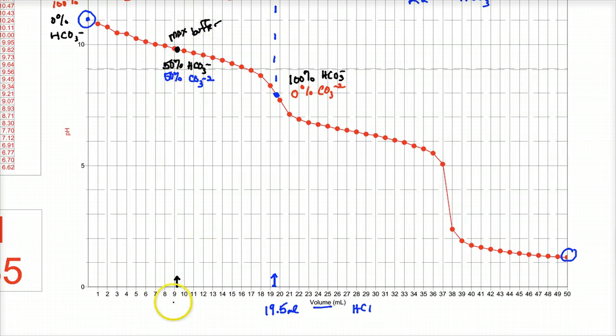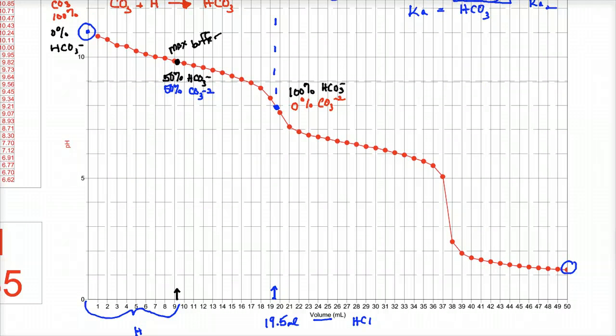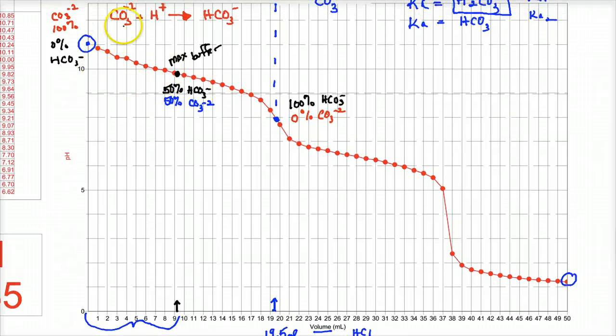Because this volume had a certain number of moles of protons that produced the halfway point, or had enough moles of protons just for half of the available carbonate ions. I know that this is an equivalence point, there's that tangent line going down. So this has to be the place where the moles of carbonate were halfway titrated.